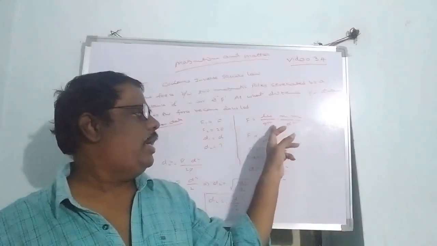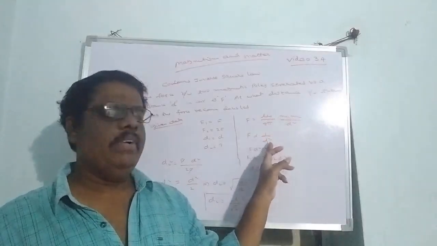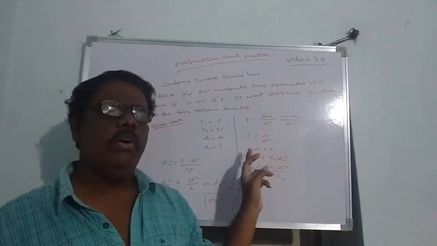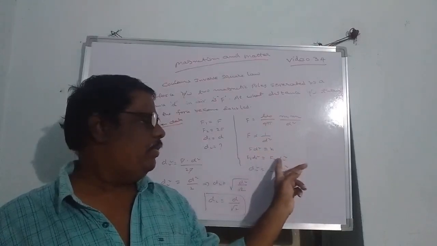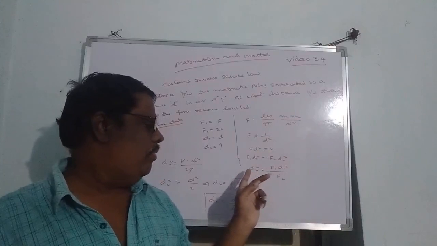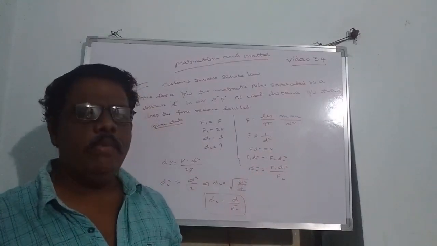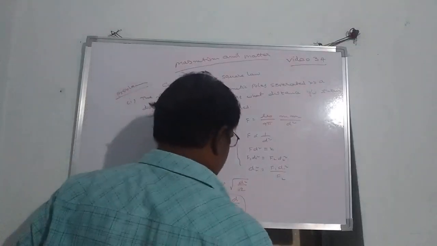F is equal to mu naught by 4 pi m1 m2 by d square, or F is inversely proportional to d square, or F d square is equal to constant. Here there are two cases: F1 d1 square is equal to F2 d2 square. From this we can calculate the d2 value, which will be equal to d by root 2. Okay, this is the first problem.